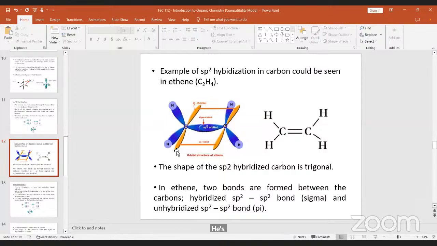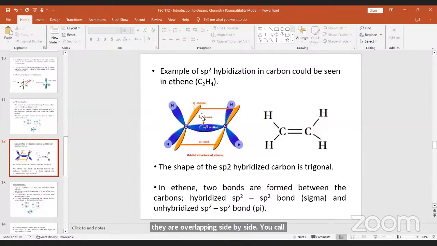You can see it is not end-to-end. This is just to show that they are overlapping. You know, we are using 2 dimensions to explain a 3-dimensional thing. But just take it as if this one is closer to this, and they are overlapping side by side. You call this lateral overlap, okay?